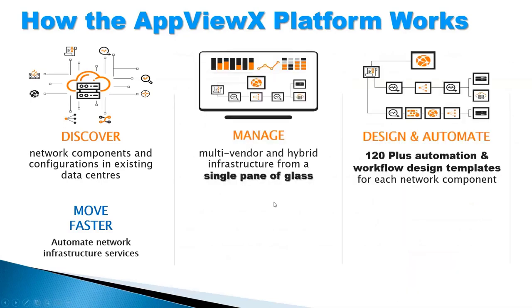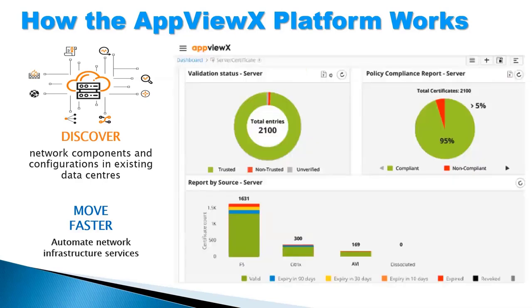Then we're going to help you manage all those certs in that multi-vendor environment from a single pane of glass. That's going to help you enforce the compliance issues we were talking about. Again, we have a lot of good graphical information here, and all of these things you can drill down on with the click of a button.